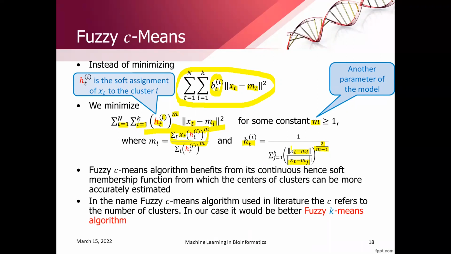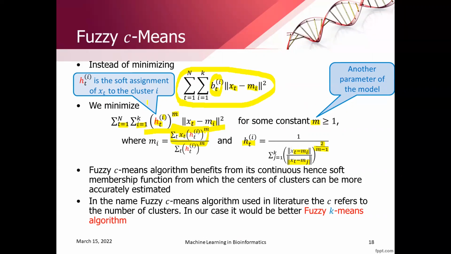Okay, let us not spend too much time on that. The idea is that we have fuzzy assignment, and we have another parameter m, which can emphasize whether you would like to have more compact clusters, or we allow more fuzzy clusters.